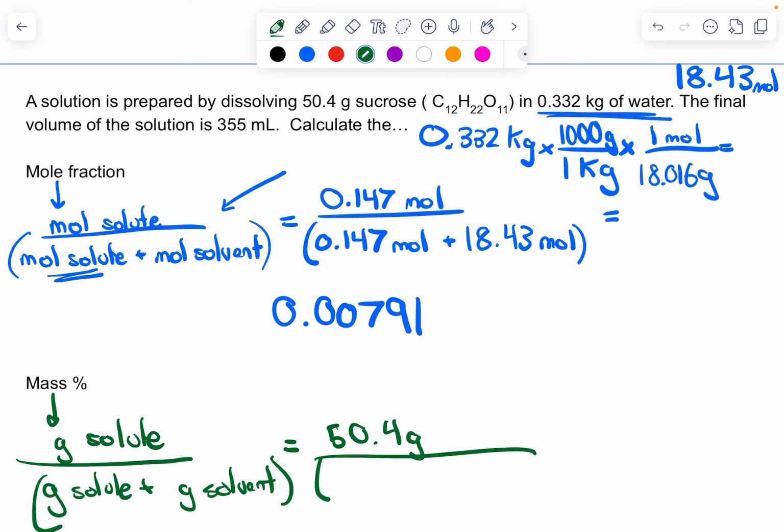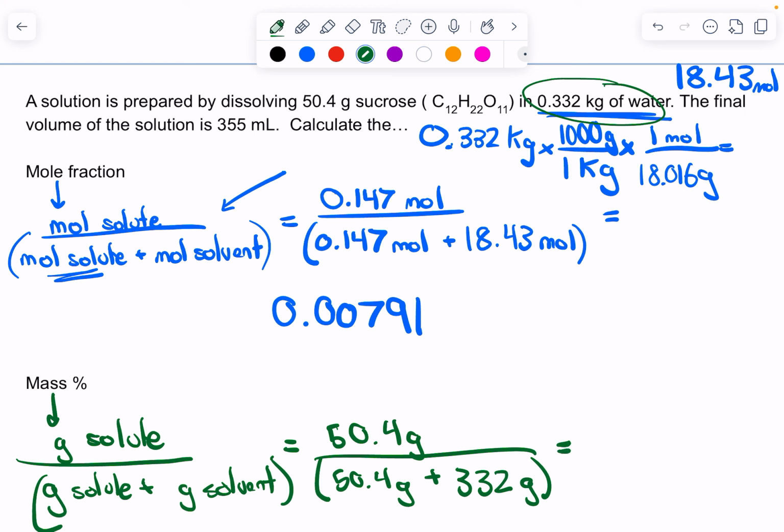And then also on the bottom, 50.4 grams plus the solvent. So that in grams, got to make sure that they're the same mass unit. You can't add kilograms and grams. So that in grams is 332 grams. You can do that as a conversion factor if you want. Just multiply by 1,000.